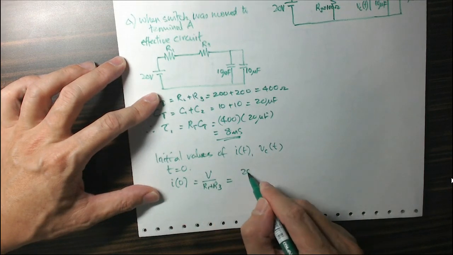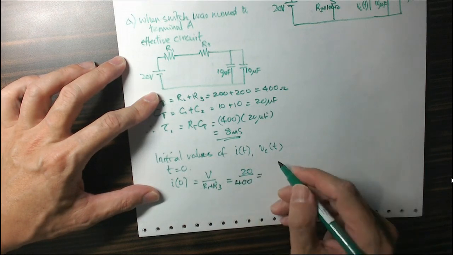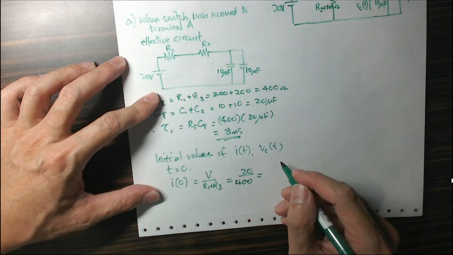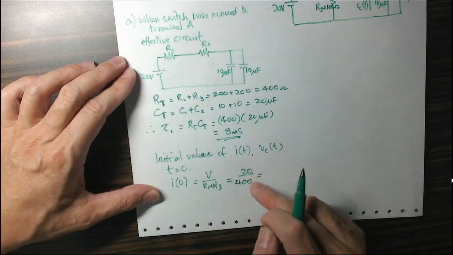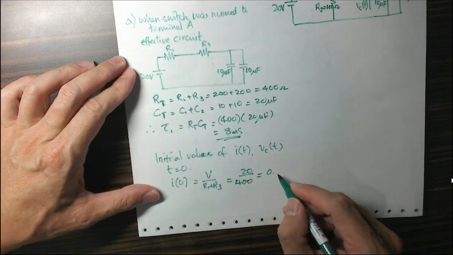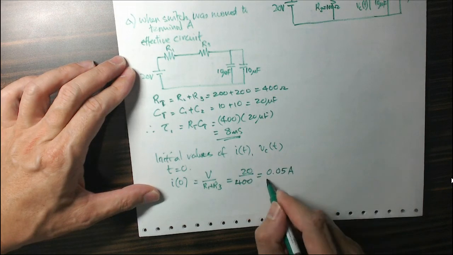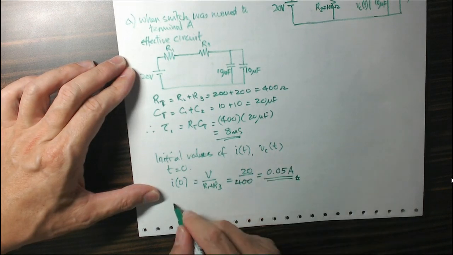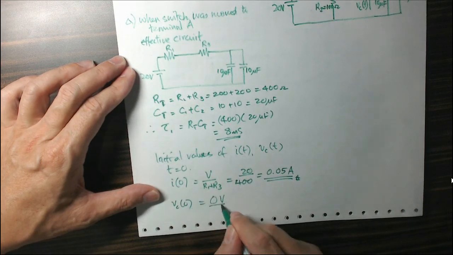That is equal to 20 volt divided by 400, which gives me 0.05 ampere. And the initial voltage of the capacitor is still just building up, so it's 0.